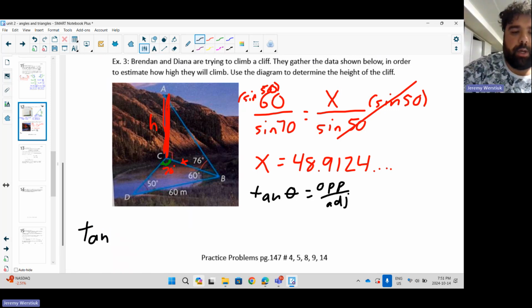So let's plug in what I know. I've got tan of 76 equals my opposite, which is my height, over my adjacent, which is that 48.9124 blah, blah, blah length.